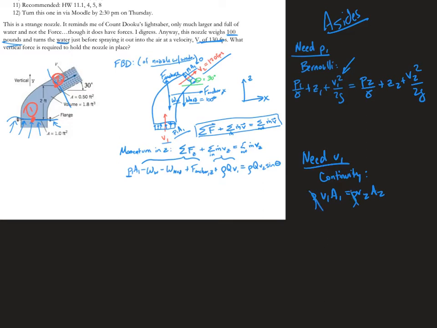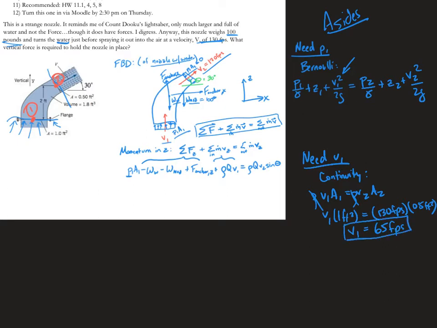Okay, so V1 is what we're looking for. A1 is, what is A1? Oh, it's given. Okay, so it's 1 square foot equals V2, which is 130 feet per second, and A2, which is a half a square foot. Okay, so V1 then is 65 feet per second.